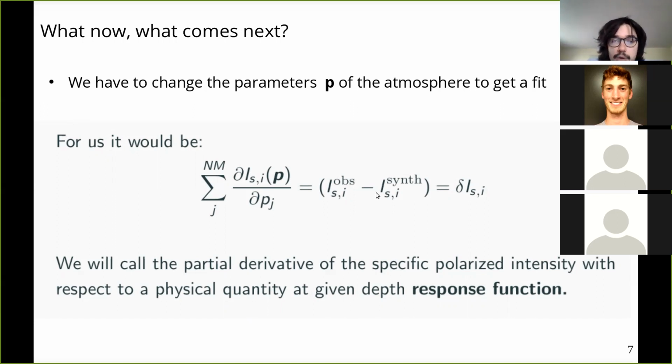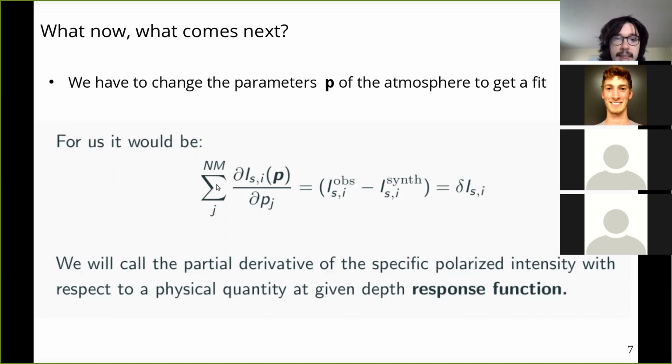So the way to write this discrepancy is as a sum over all the model parameters, meaning all the values of temperature, magnetic field, velocity, and so on.